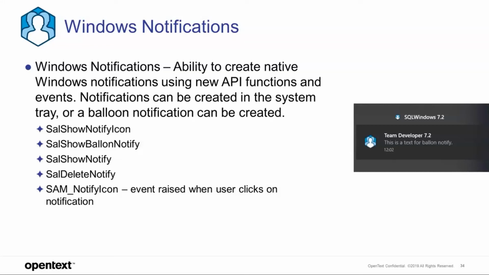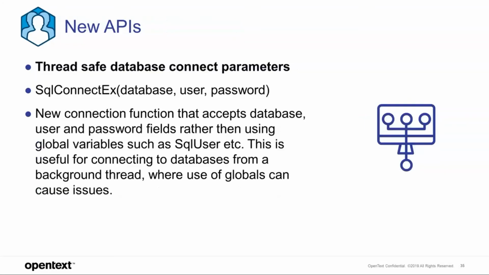So you can let users know about things that have happened in the application context. For example, an order that has been processed by another department and now needs to be processed by a salesperson, whatever you like. Or you can notify people of a missed phone call, anything you like.